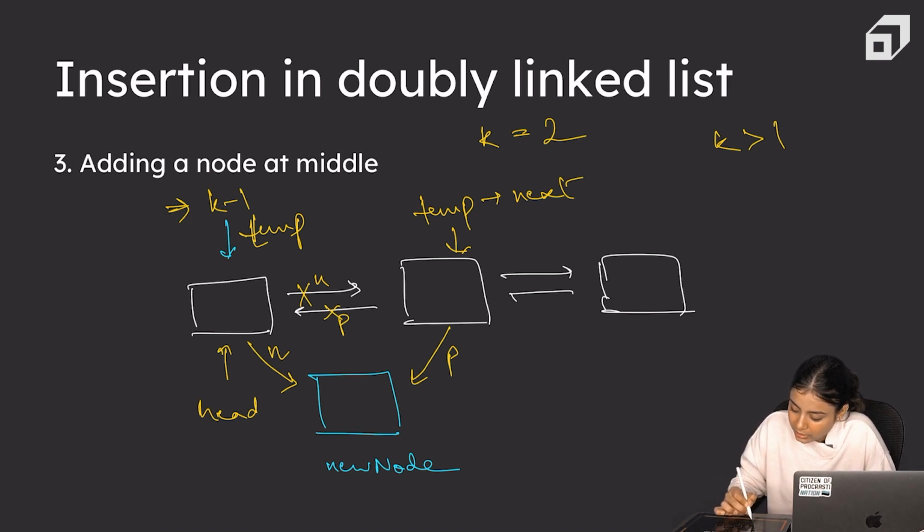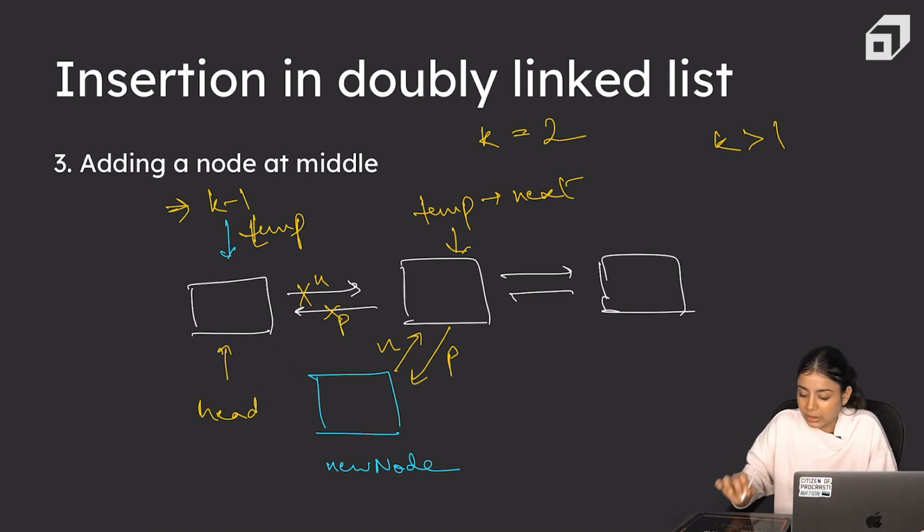We'll make our new node's next point to temp next. So we'll do this, we'll not change this link yet. First of all, we'll add links between temp next and my new node.